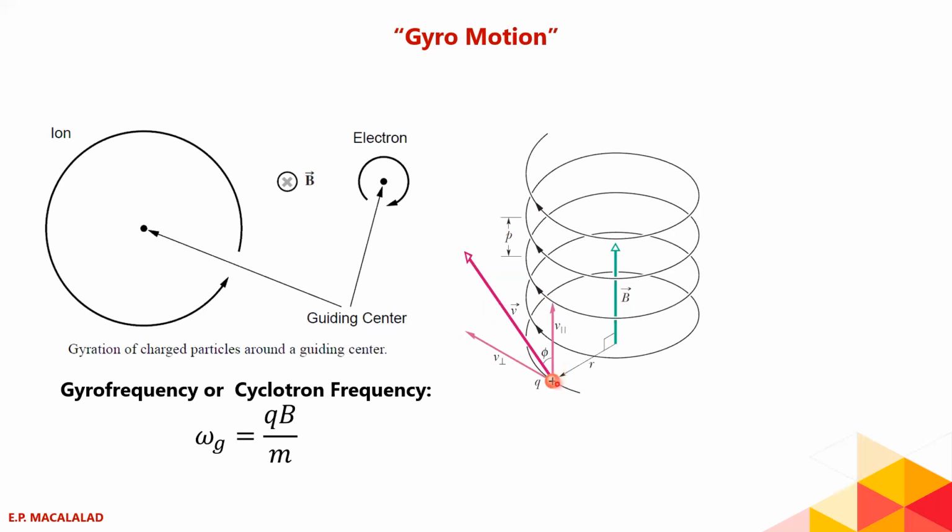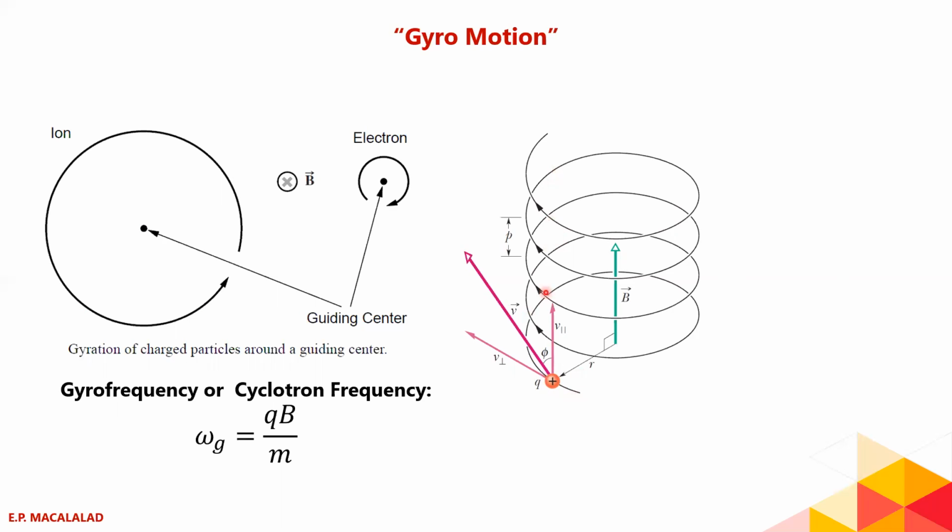So the net result is that the charge will experience two motions. Number one is it will experience a circular motion, just like this one. But because the velocity of the particle has a parallel component along the direction of the magnetic field, this charge will also move along the direction of the magnetic field.